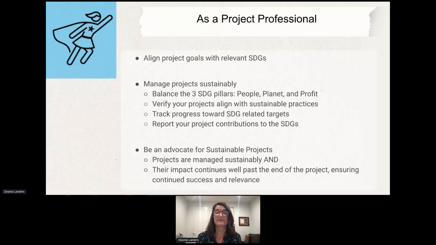So making sure that we align to those practices is a way to make a difference, to really drive sustainable impact. And then when we track our progress in our projects, we should track sustainable development goal related targets as well. And we shouldn't just track them, we should share them.